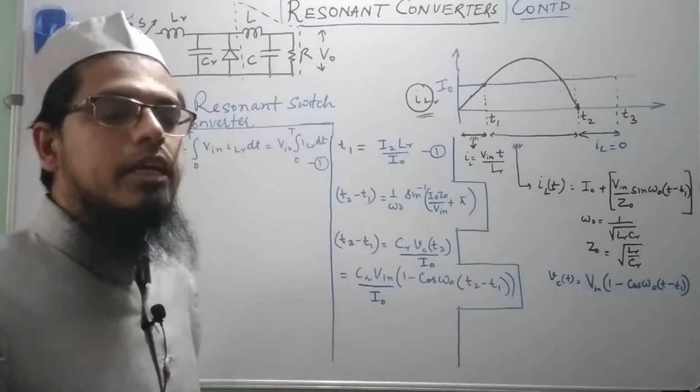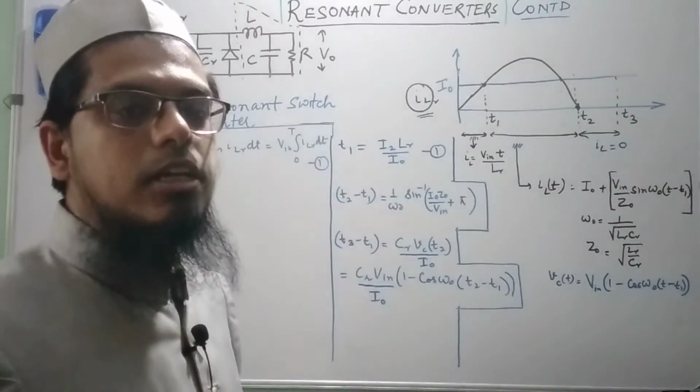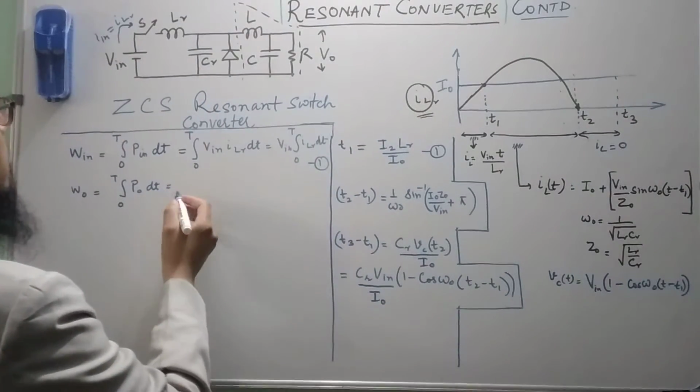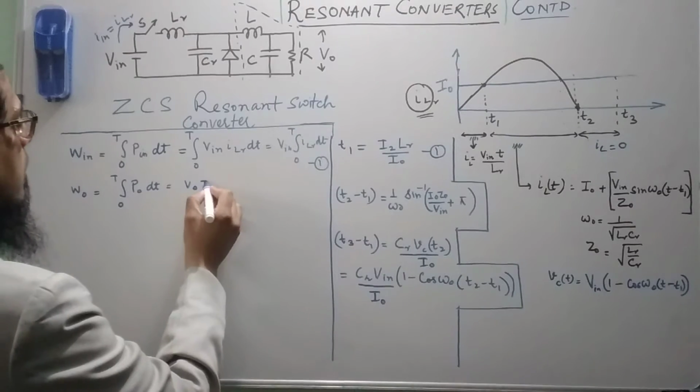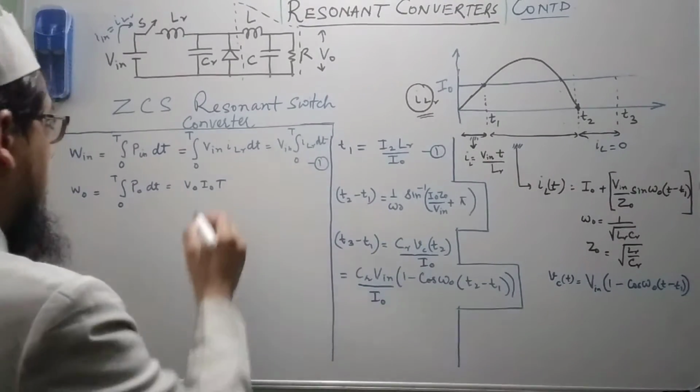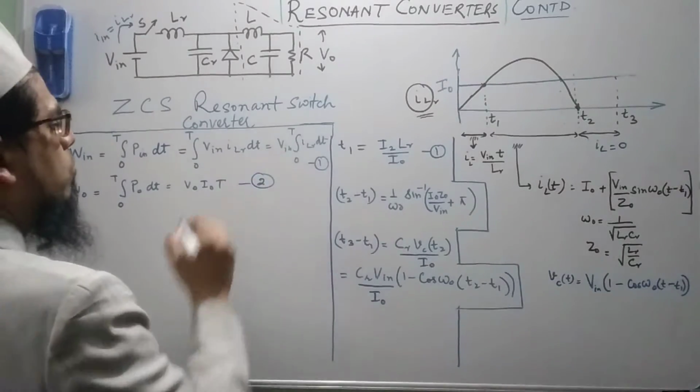We represented it by a constant current sink. So, basically this will be equal to V0 I0 times T. Let me call it equation 2.